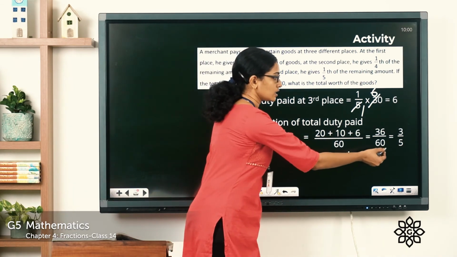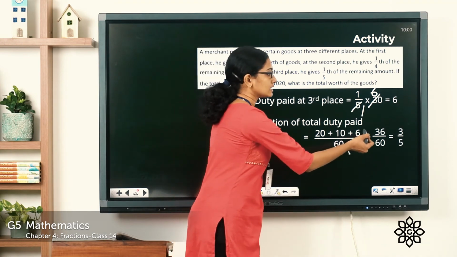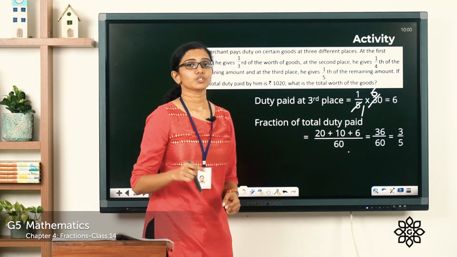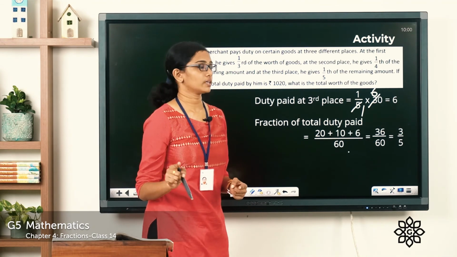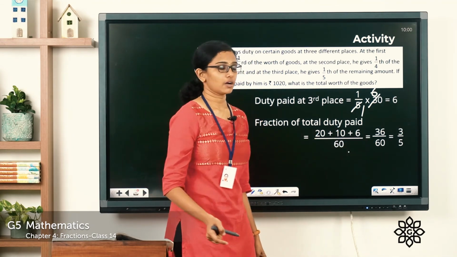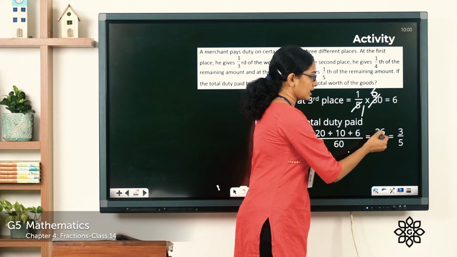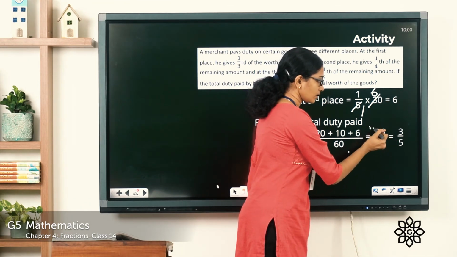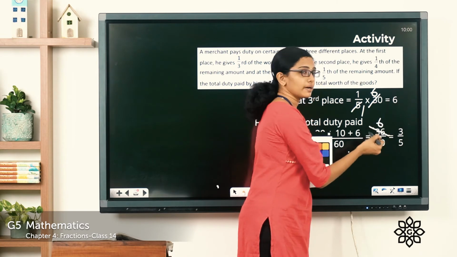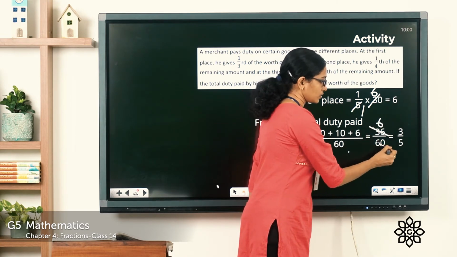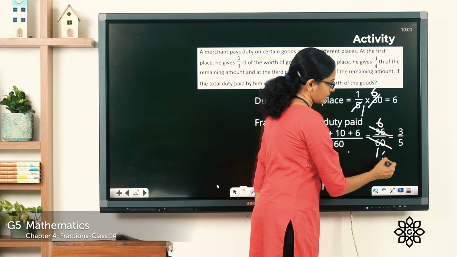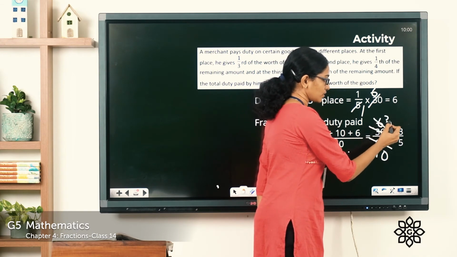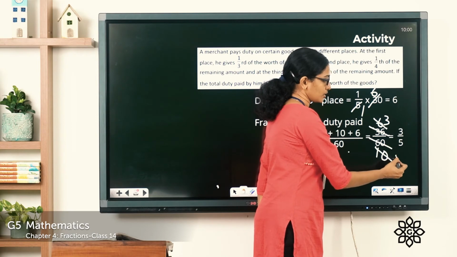So we had 60 total parts and 36 out of the 60 parts. That is the fraction that was paid as duty. And after cancelling out the common factors, 36 divided by 6 is equal to 6 and 60 divided by 6 is equal to 10. Again, after cancelling, 6 divided by 2 is equal to 3 and 10 divided by 2 is equal to 5.